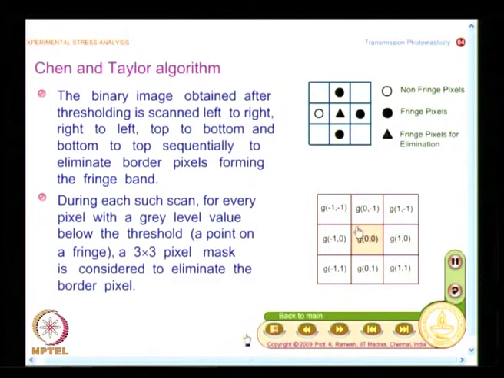And what is also given pictorially is, I want to identify with a triangle the fringe pixel for elimination in this case, and if I have a white circle, it is a non fringe pixel. Then if I have a dark circle, I consider them as fringe pixels.